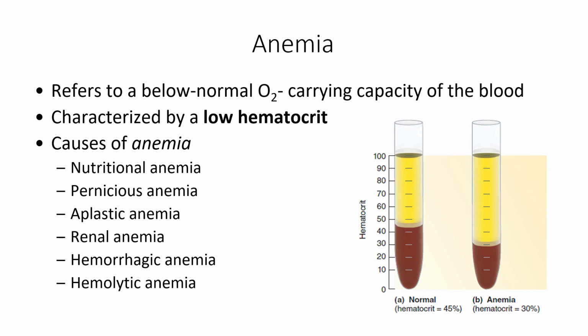Pernicious anemia, meaning the lack of B12, deficiency of B12. Aplastic anemia, renal anemia, meaning where the anemia is occurring due to the kidneys. Hemorrhagic anemia, meaning a major blood loss, we get a hemorrhage. And hemolytic anemia, meaning that the cells are being broken down within the body abnormally.